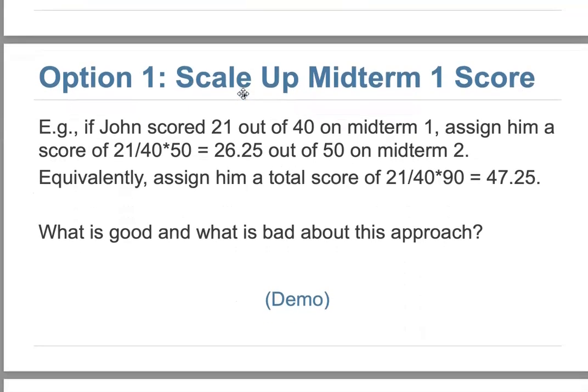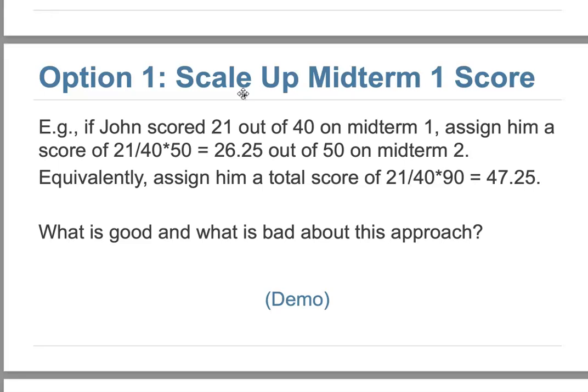The first option is: how about we scale up the midterm 1 score? Like we said earlier, midterm 1 is only 40 points, while midterm 2 is 50 points. So instead, we take the ratio of John's midterm 1 grade to the total of 40 points, and scale it up to match the 50 points.